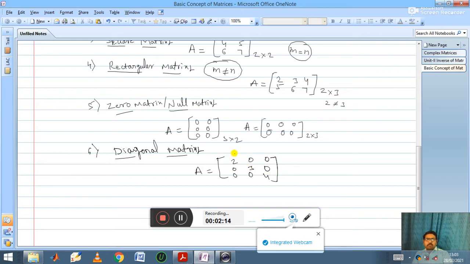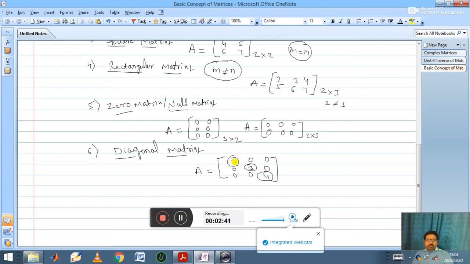Here, if you see, the first row, first element is 2, second row, second element is 3, third row, third element is 4. So A11 value is 2, A22 value is 3, and A33 value is 4, and the remaining entries are all 0.